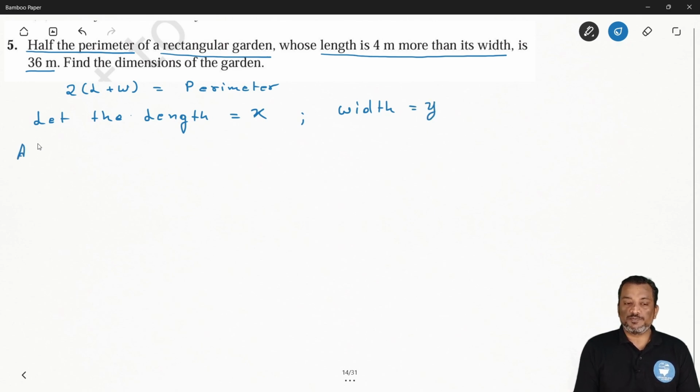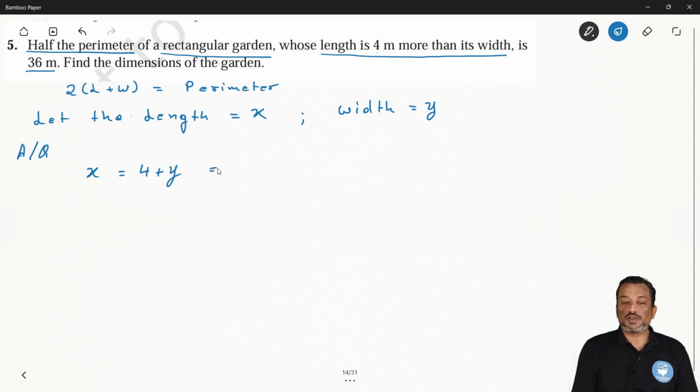According to the question, the length is 4 meters more than the width, so we can say x is equal to 4 plus y.